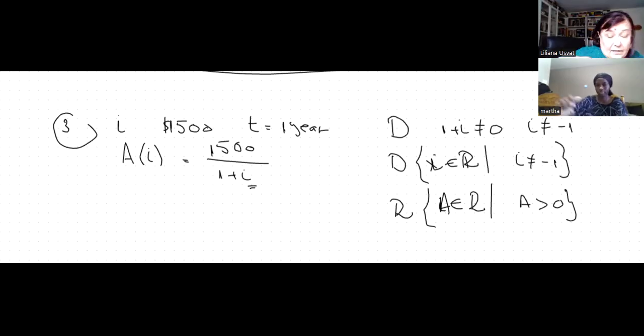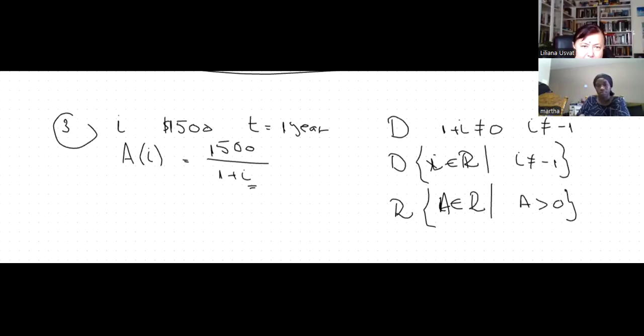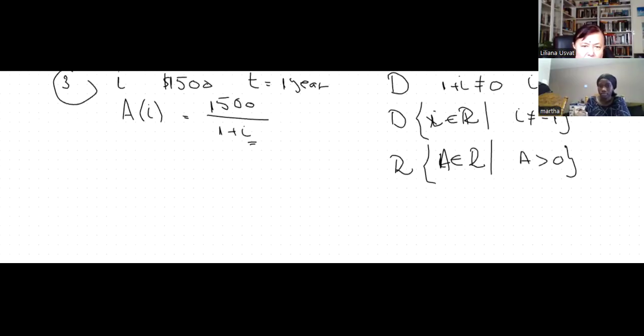Graph the relation. Okay, we need to graph an inverse function. Let's do this.